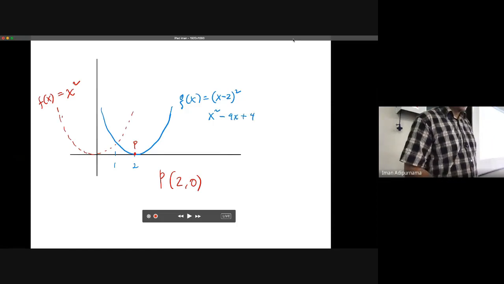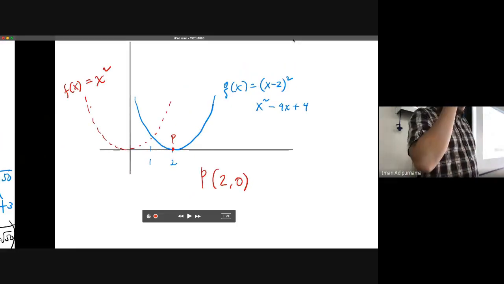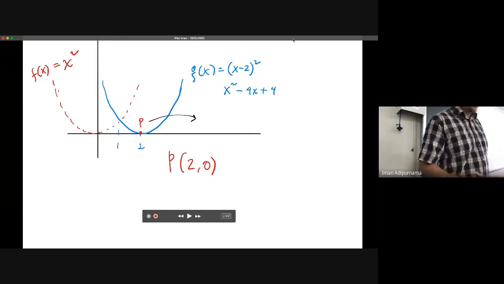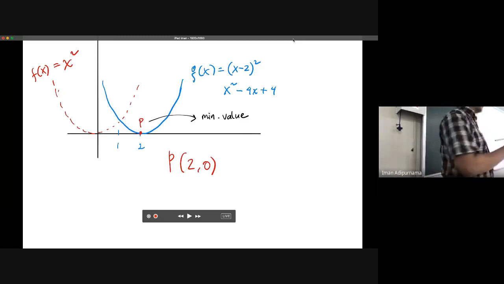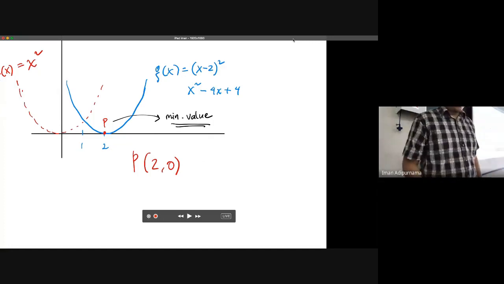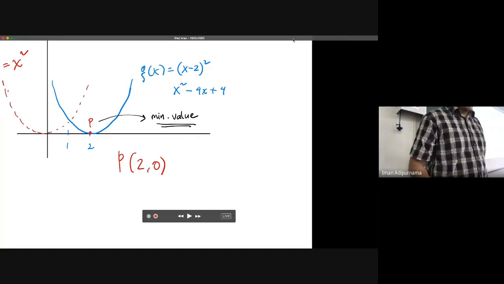And from here, maybe you have learned before in high school or junior high, this P we also call the positive squared. We call this the minimum value. If it is minus x squared, then it's like a mountain, and we call it the maximum value. Just to remind you, this is a minimum value.